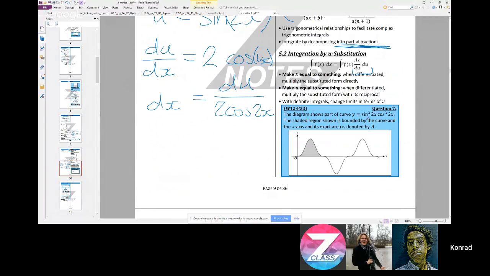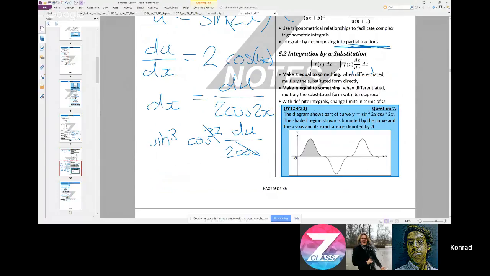So if we substitute this in, we're going to get sine cubed of 2x times cos cubed of 2x times du over 2 cos of 2x, right? So first things first, this is going to cancel with this, and that's going to become a squared. Okay?